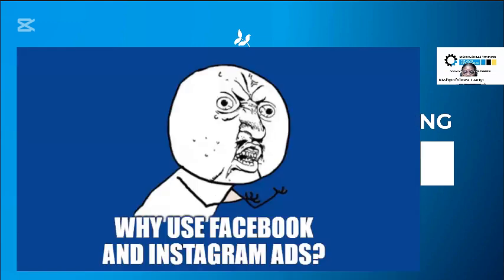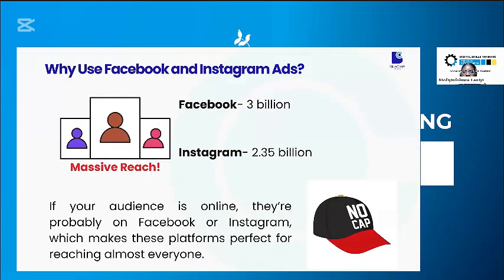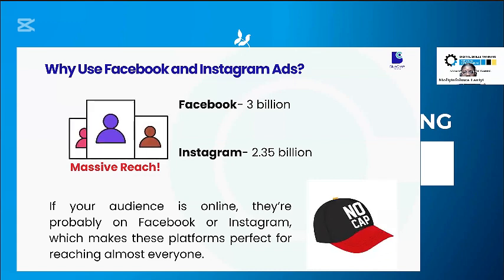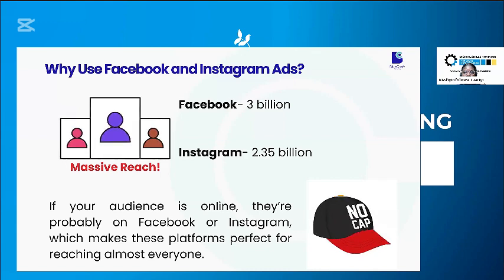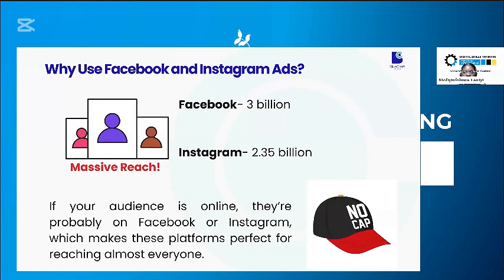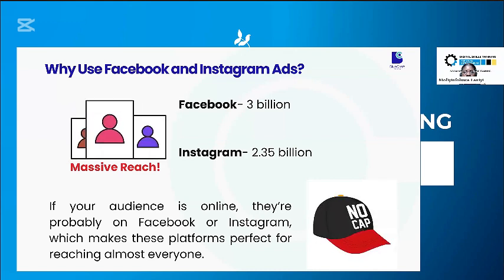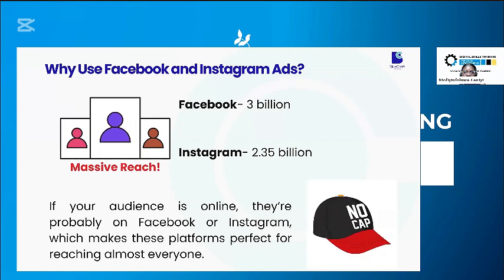So let's go into why should we use Facebook and Instagram ads? Firstly, it's a large population, right? Generally, Facebook has about 3 billion users and Instagram has a little less, 2.35 billion users. So whatever you're trying to sell or advertise to people, just know that these two platforms are where you can find your customers because there are millions.